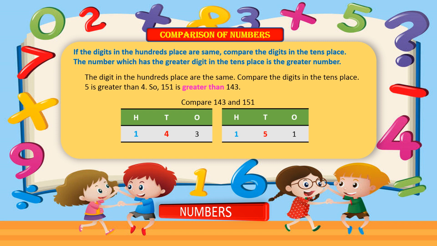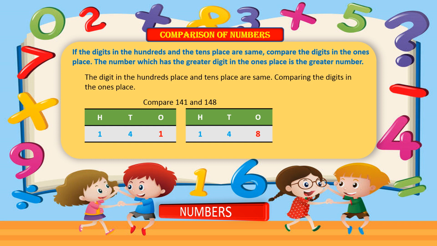Then compare the digits in the tens place. 5 is greater than 4. So 151 is greater than 143. We write 151 is greater than 143. We can also say 143 is lesser than 151.